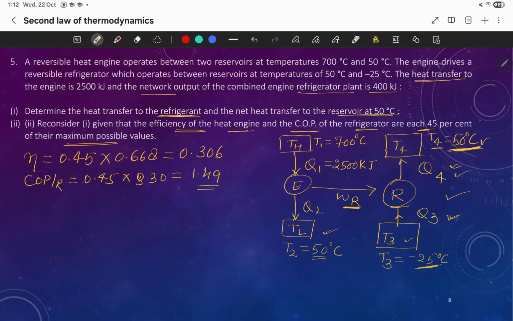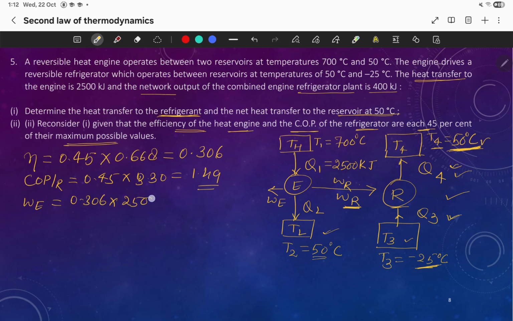So now again we have to calculate the work transfer. This was WE, this was WR. So this will be 0.306 into Q1.